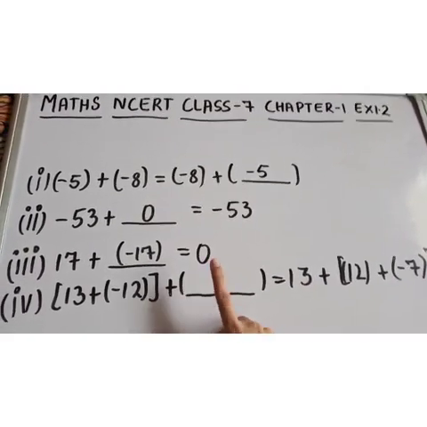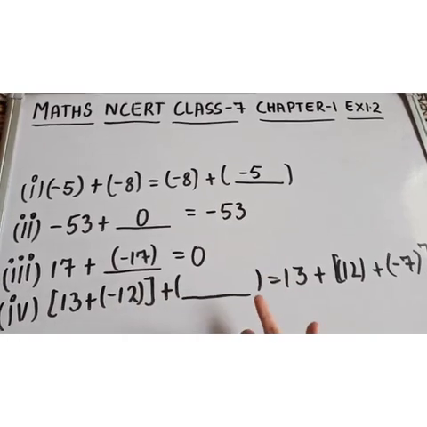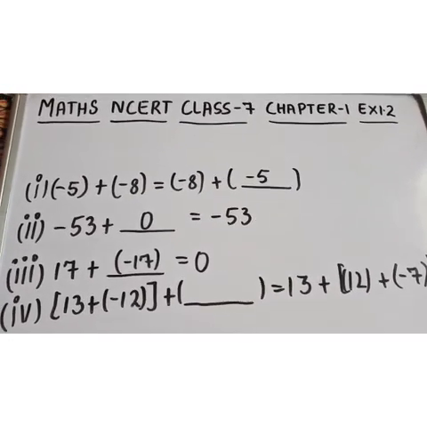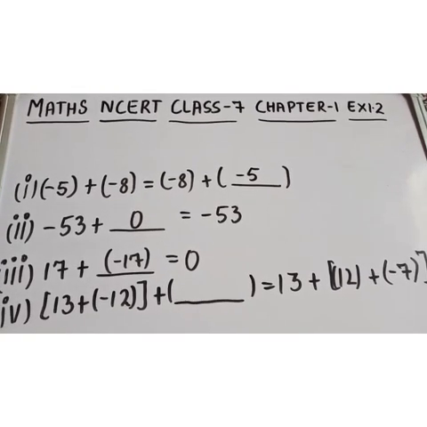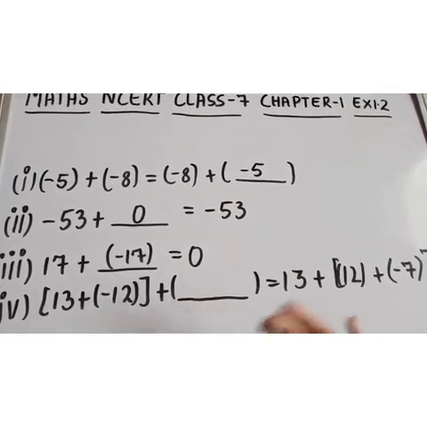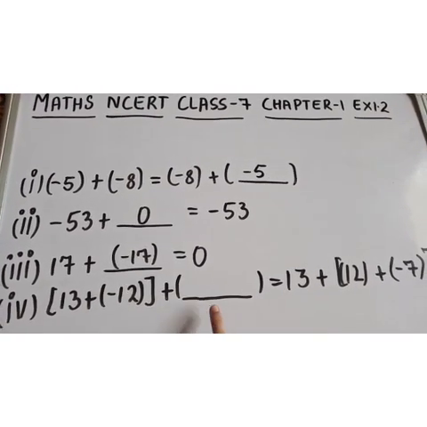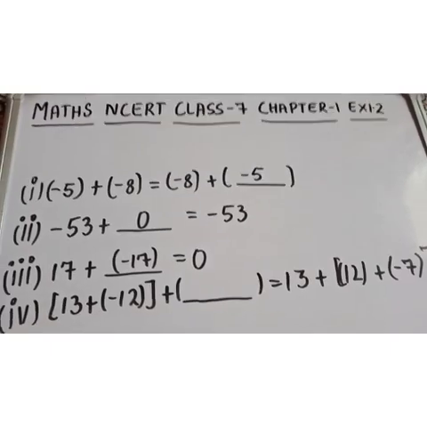So here the answer will be minus 7. These are not very difficult questions. They are instead very easy. Just you have to see which number is missing and put that number in the blank. So its answer is minus 7.